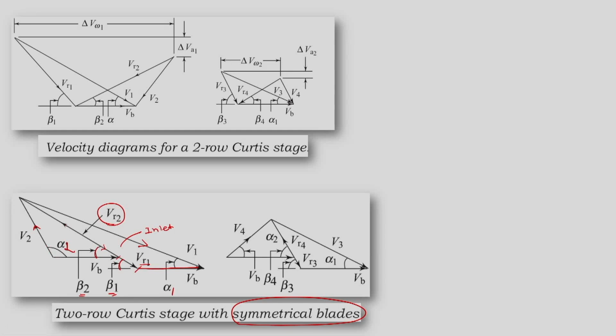But while drawing the diagram we have to keep one thing in mind: V1 has direction downward, VB has direction towards the right, so VR1 has direction towards downward. But we have to keep in mind that VB cannot change its direction, it is still in the positive x direction or right hand side, but VR2 is in the opposite direction and V2 is also in the opposite direction.